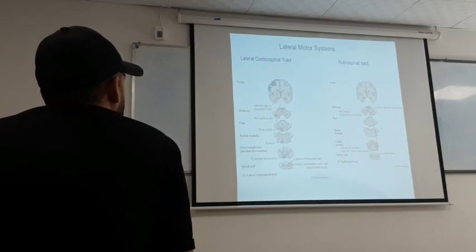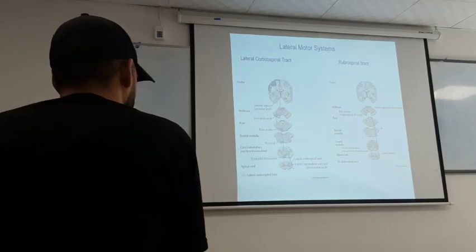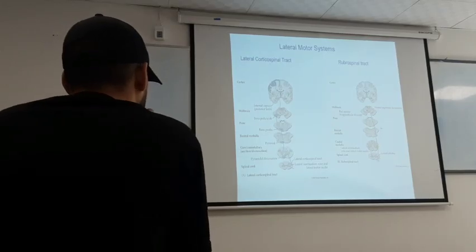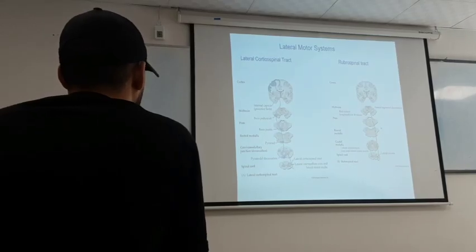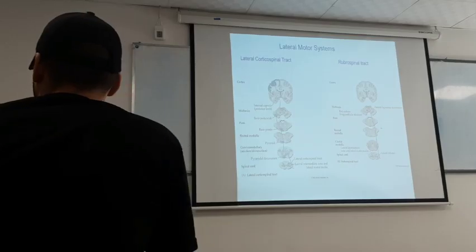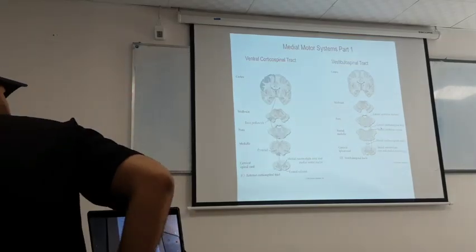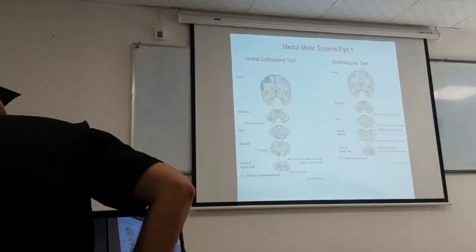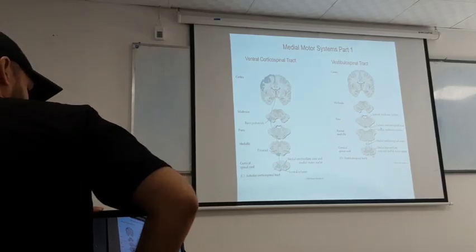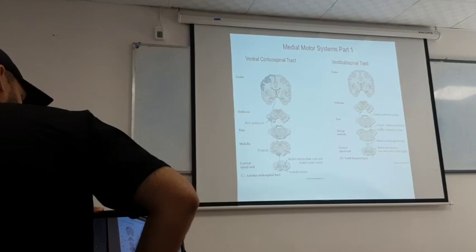And rubrospinal. Rubrospinal is related to the midbrain, and goes laterally to the anterior horn of the spinal cord. This is for movement. Vestibulospinal, from the vestibular nucleus to the spinal cord. All of these are called descending movement tracts.